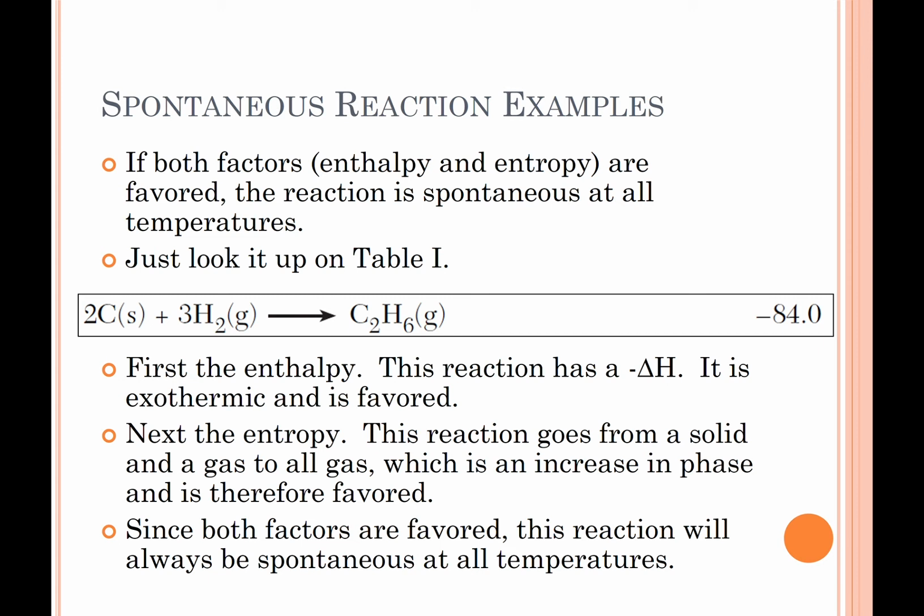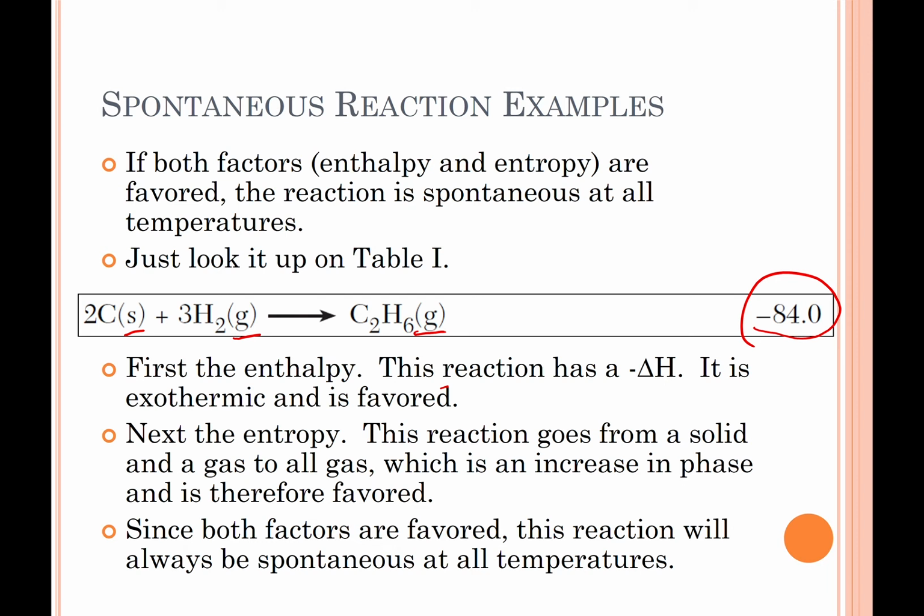Now we can use Table I to determine this. We can look at the phases of matter between reactants and products. And we can also look at the delta H values. So if both enthalpy and entropy are favored, the reaction is considered spontaneous at all temperatures.